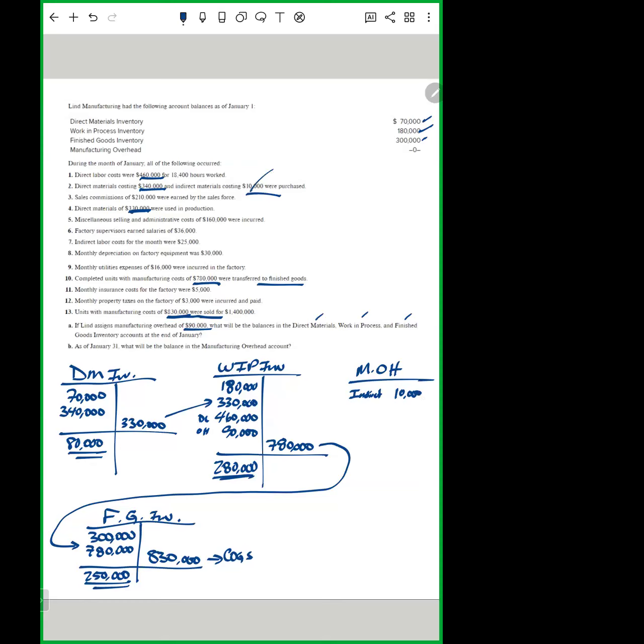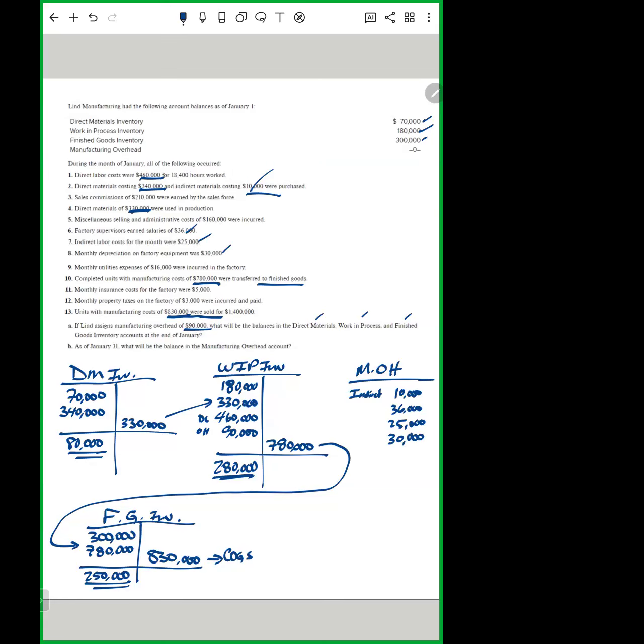Then we have supervisor salaries of 36. All right, so that's 36,000. Gonna add that in. Indirect labor of 25. Add that in. Depreciation on the factory equipment, that's going to be overhead.